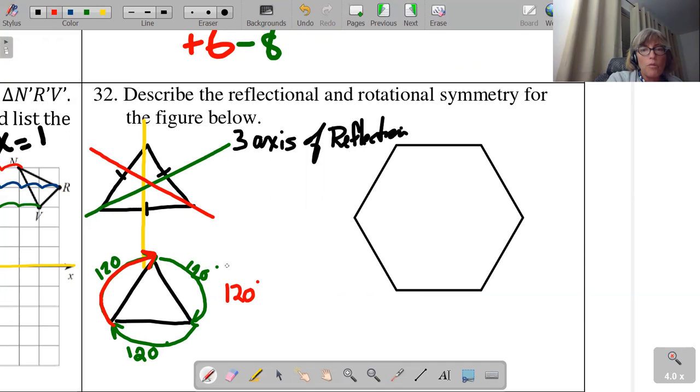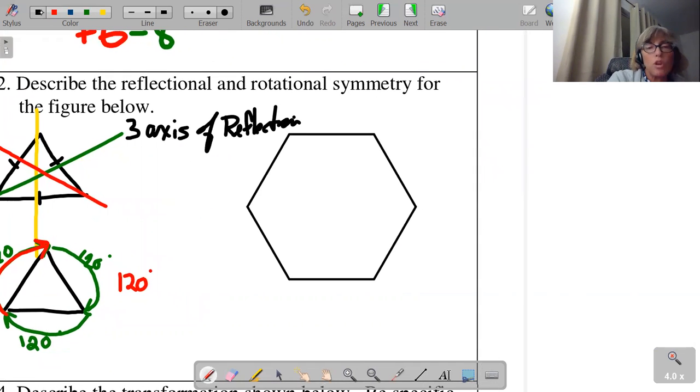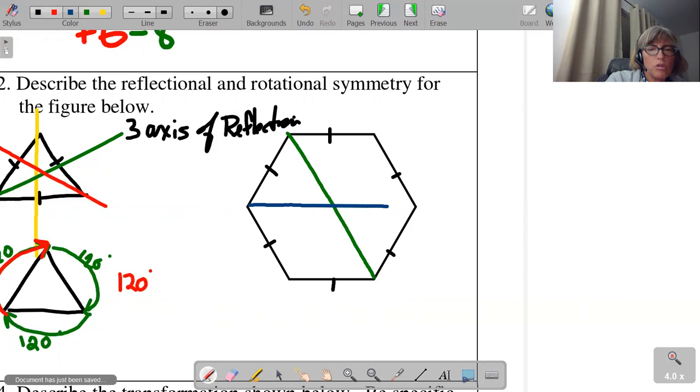Now, for the figure below, the problem is they don't tell you if it is or is not regular. So we're going to assume it is. And if that is the case, we have 1, 2, 3 axes of reflection.